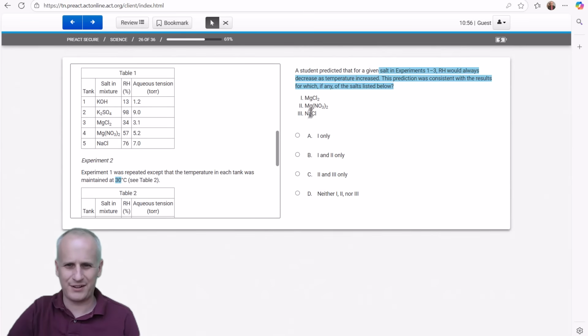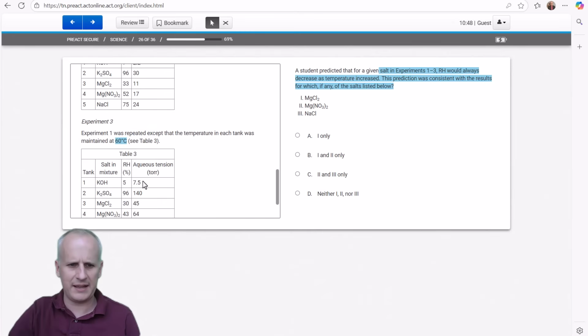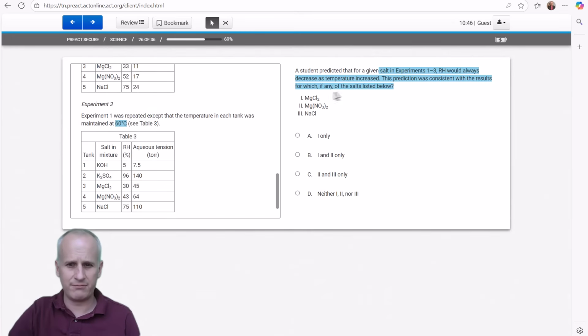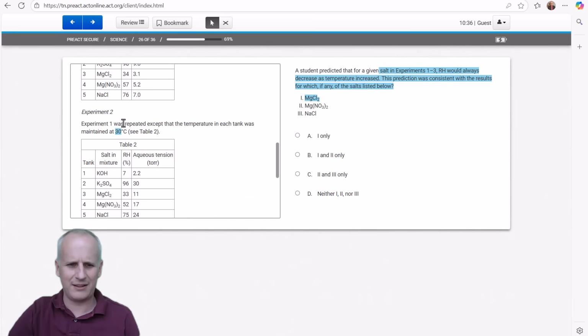So I'm going to just focus on the salts listed. MgCl2 starts at 34, and then it's 33, and then it's 30. So yes, it's very limited, but it does go down for MgCl2. Then we go to Mg(NO3)2. We've got RH at 57 at the lowest temperature.